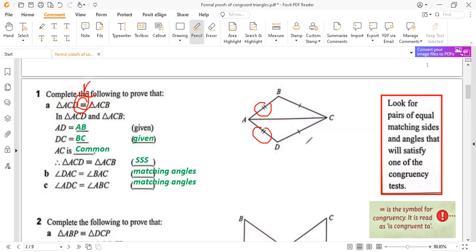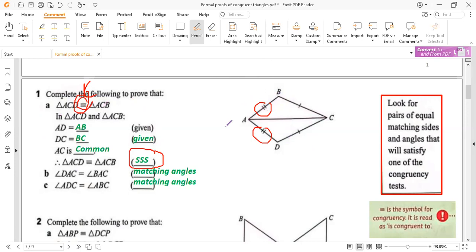But we should take care of finding the corresponding matching angles. What do we mean by that? When we use the SSS test as a congruency test, it leaves 3 angles.